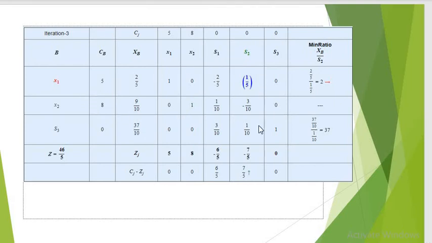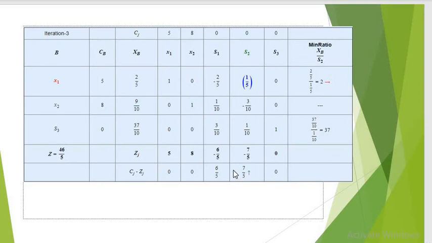Now we will get the third iteration table, and similar to the previous table we can find leaving variable, entering variable, and evaluate the net values, and we can see that the net values are again not less than or equal to 0.